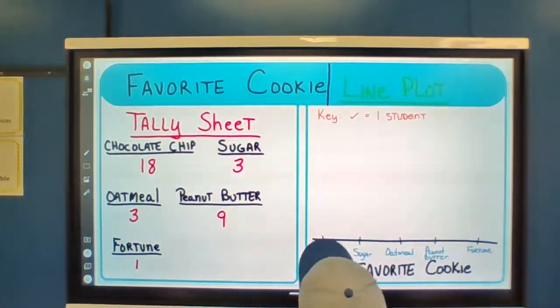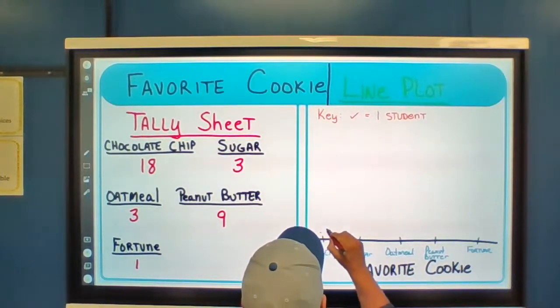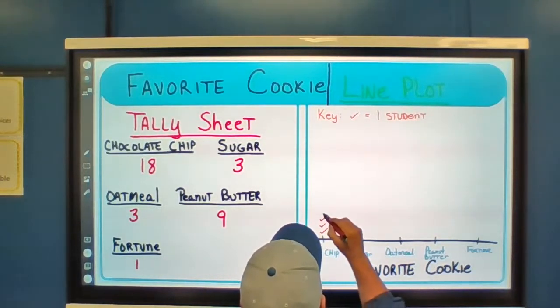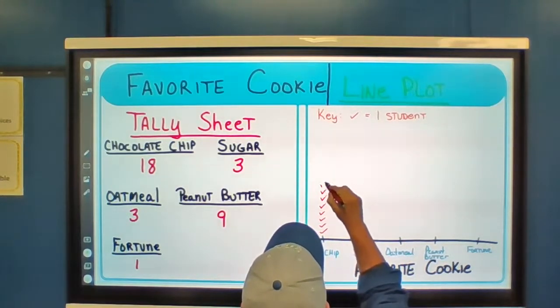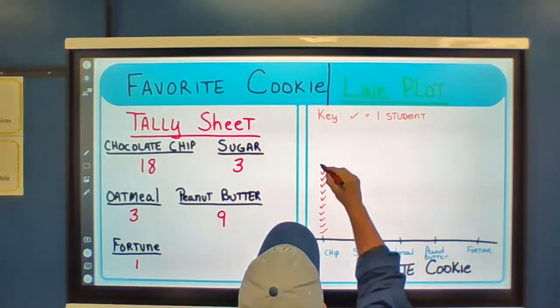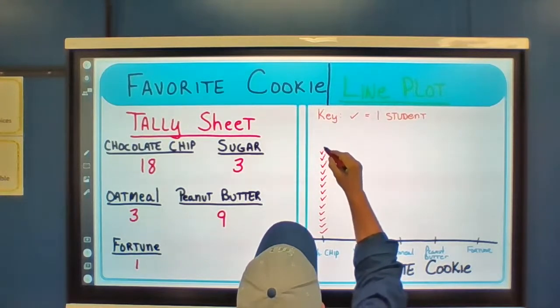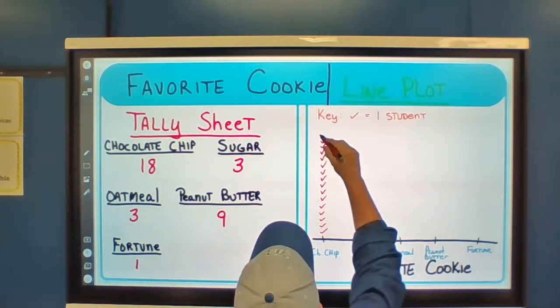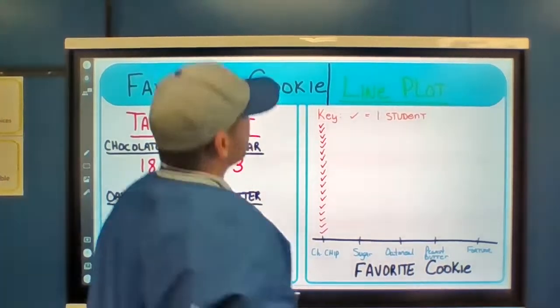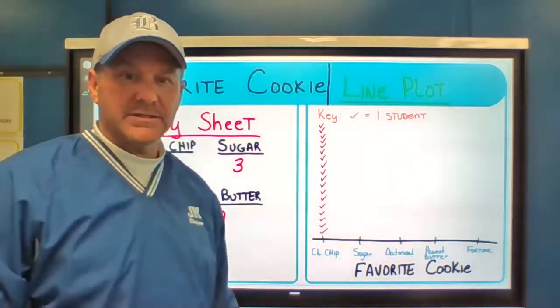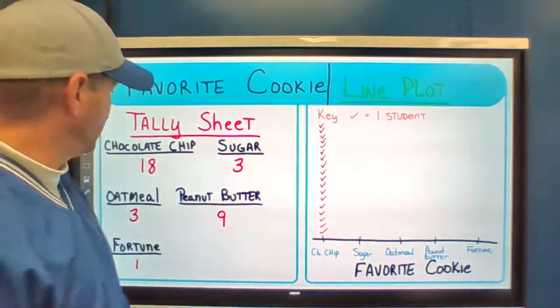Let me see if I can make that work. Okay. There are my 18 check marks for 18 chocolate chip cookies.